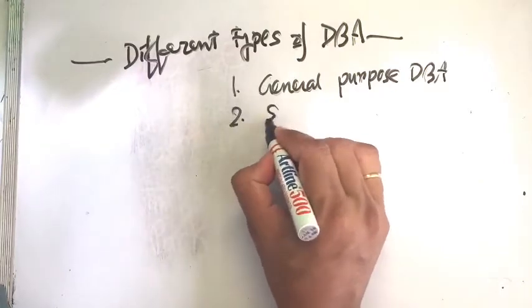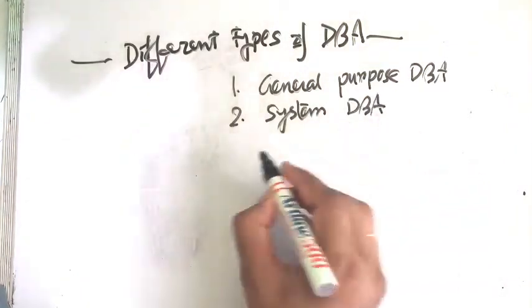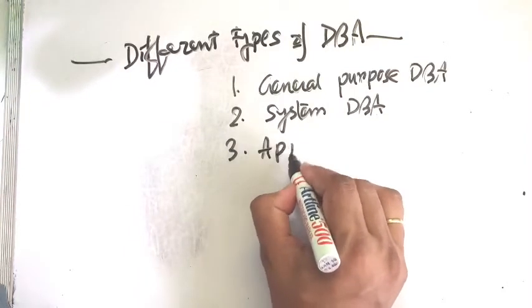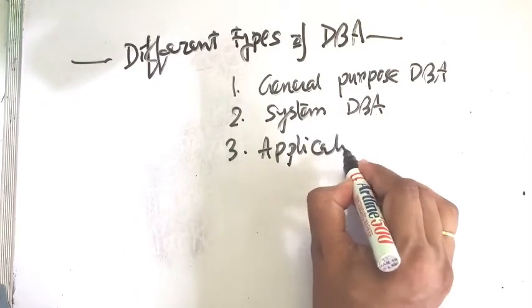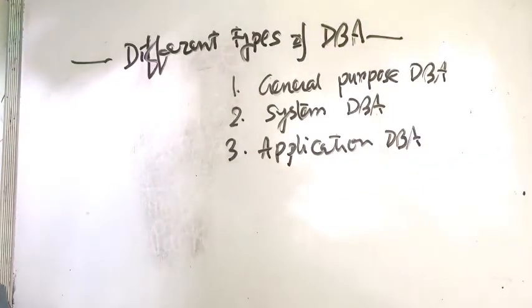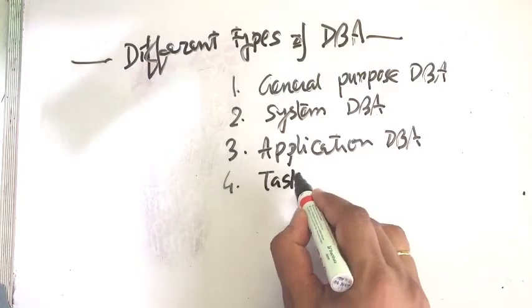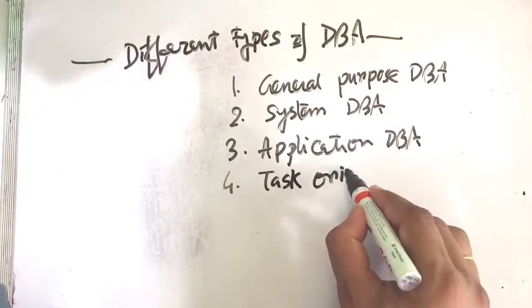Next is the system DBA. Next, the application DBA, who assists the application programmer. Then the task oriented DBA, for specific tasks where there is a requirement of a DBA.